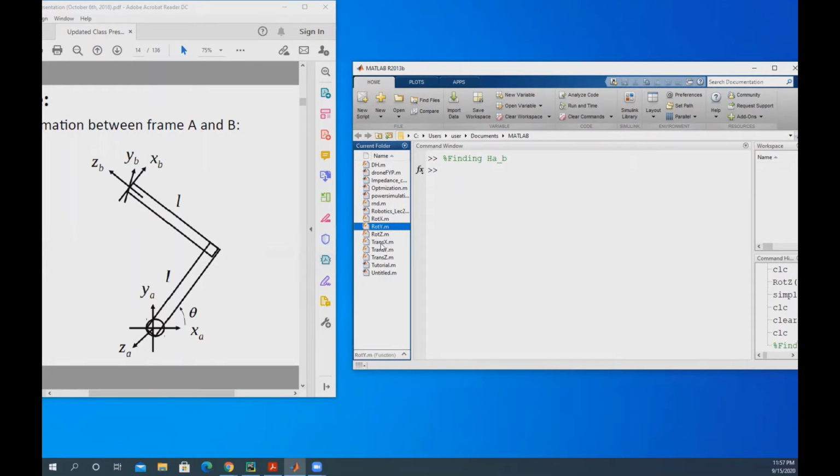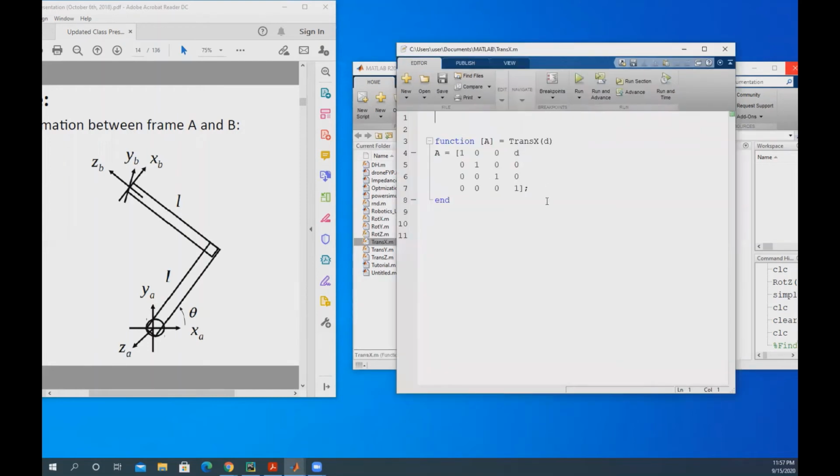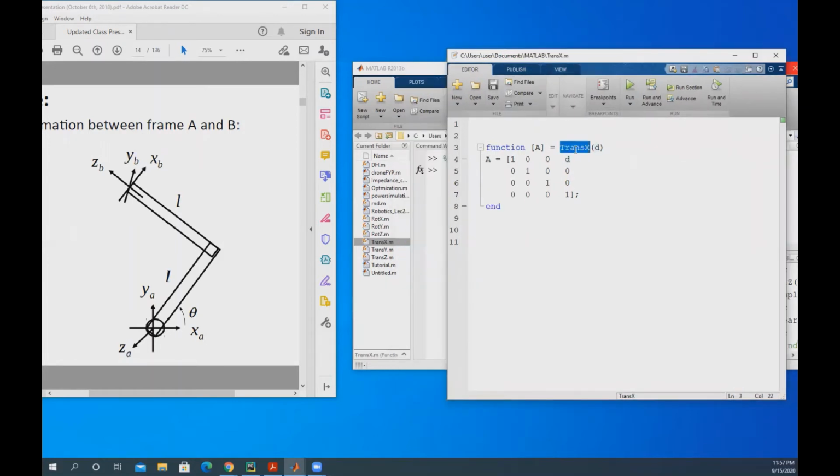Then translation about X. All of these are 4x4 so that I can multiply them, right? For the translation about X, I'm simply adding this D offset. Make sure that the function name you write here is the same name that you save your file under. If I modify that, you will see it throw an error. So it always has to be the same name as the file that you save.